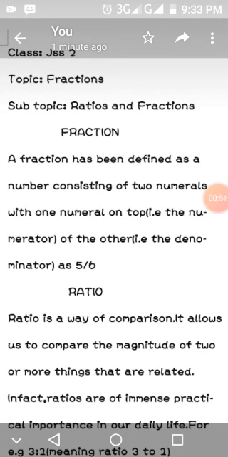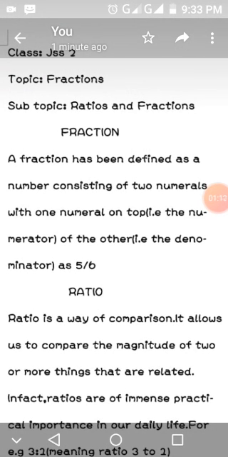What I'm trying to explain is that a fraction has two numerals, one on top and one below. The one on top is called the numerator and the one below is called the denominator. That is how a fraction looks.